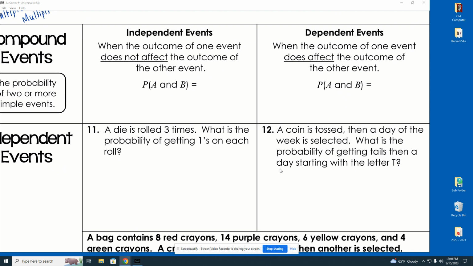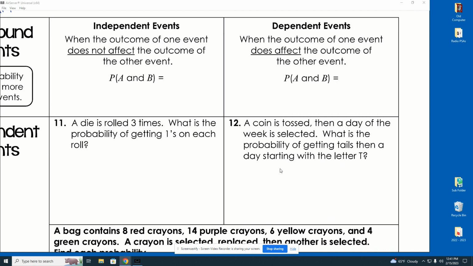Independent means that what you do the first time does not affect what you do the second time. They're independent of one another. Dependent means what you do the first time will affect your probability for your second time. Are you with me on that?